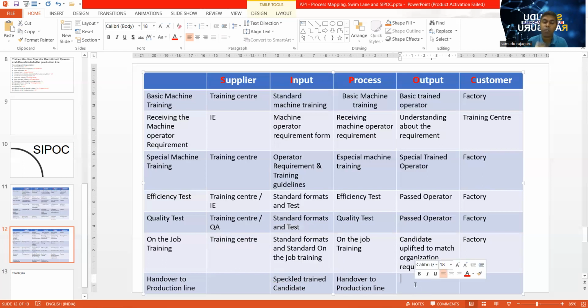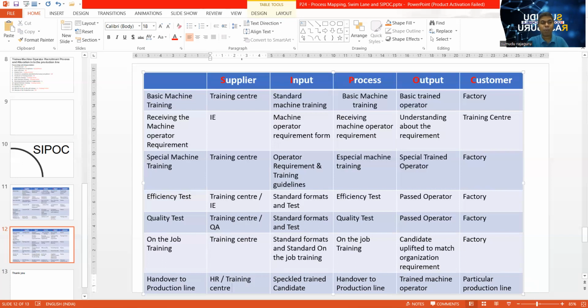Okay, when we hand over to the production floor, the output is a trained machine operator. So the customer is the particular production line, and it's supplied by HR and training center.